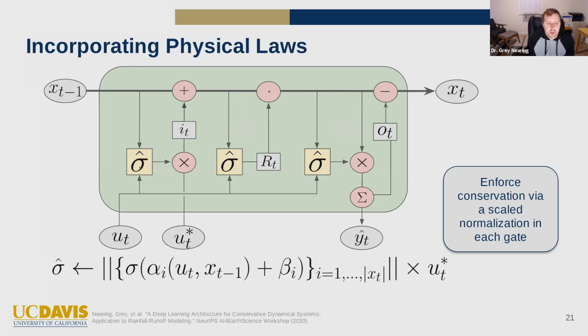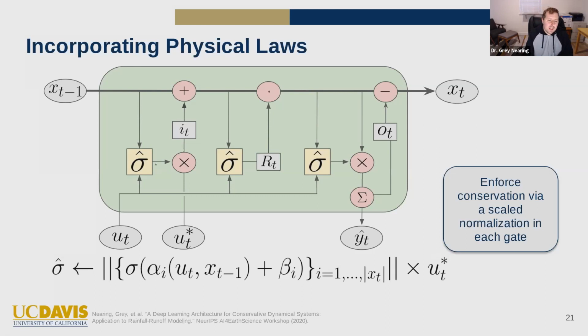The trick that we played is that instead of using regular sigmoid activation functions for the gates, we used normalized activation functions. We added a normalization layer to each of the gates in an LSTM, and we multiplied the normalized outputs from those gates by some quantity that we want to conserve.